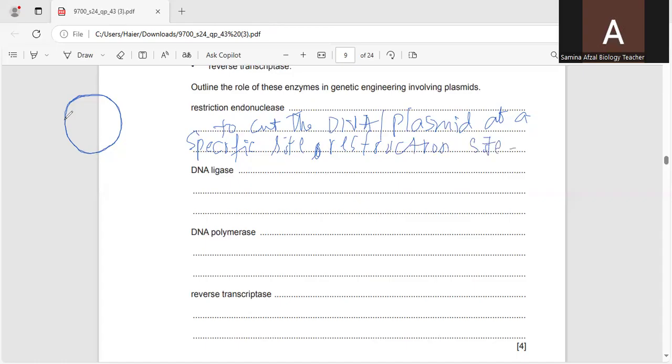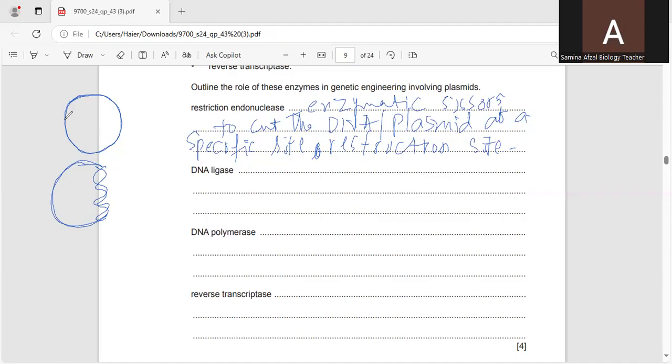So it will act as an enzymatic scissor. And the second enzyme: after cutting it and inserting the required DNA into it, there is a need to stick both ends.